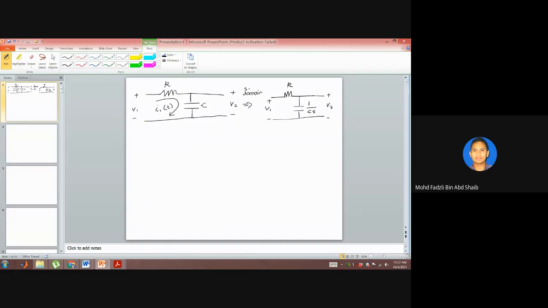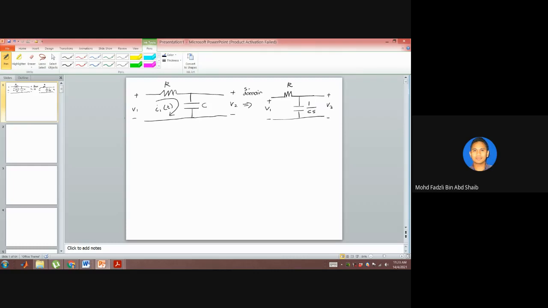C, if we change to the S domain, becomes 1 over CS. R is still R, not changed. L becomes LS. So now we have this diagram instead of this one. This is the T domain, this is the S domain.